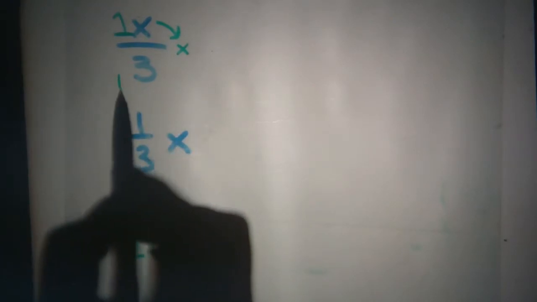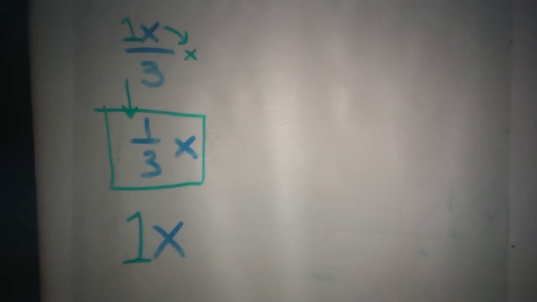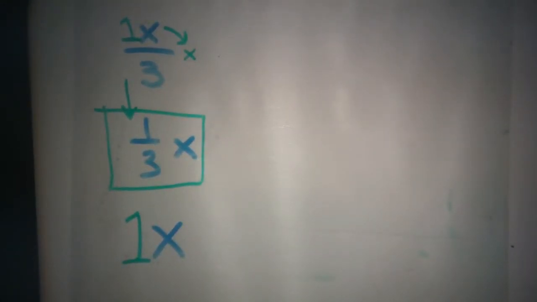So how do I change this and put my x over here? I take that invisible 1 and put it there and move my x here, which gave us this right here. Alright, it doesn't change the meaning at all. It still means the same thing.